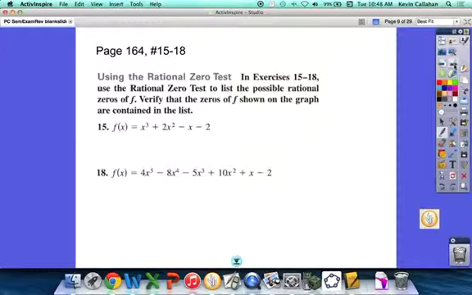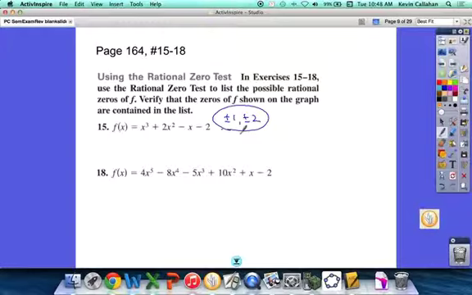The factors of the last term divided by the factors of the first term. So in this first one, the factors of negative 2 would be plus or minus 1, plus or minus 2. And then the factors of the first, well, it's only one. So in the end, these are going to be the possible rational zeros. It doesn't mean that every one is a zero. It means if there is a rational zero, it's in that list.